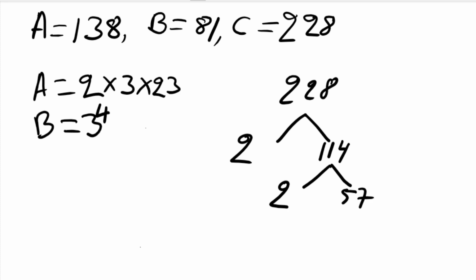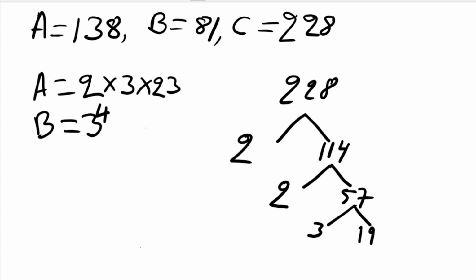57. Is 57 divisible by 3? Yes, by 3. 57 divided by 3 is 19.